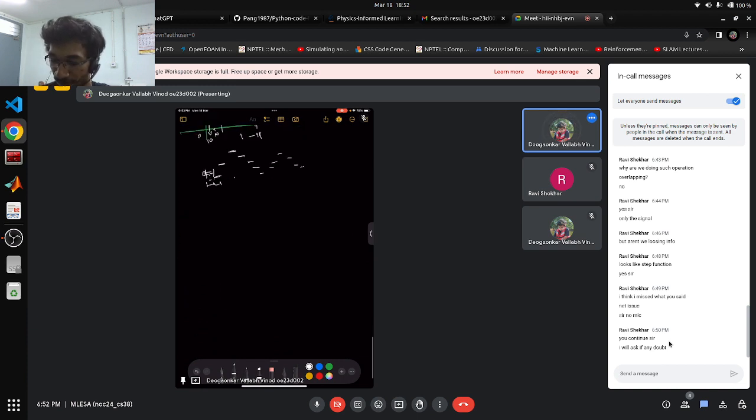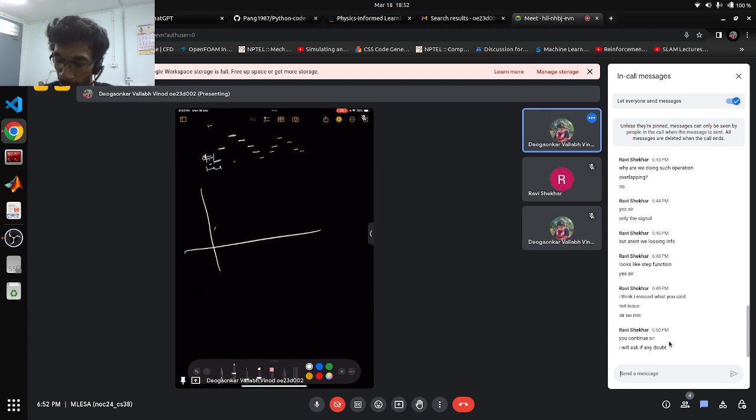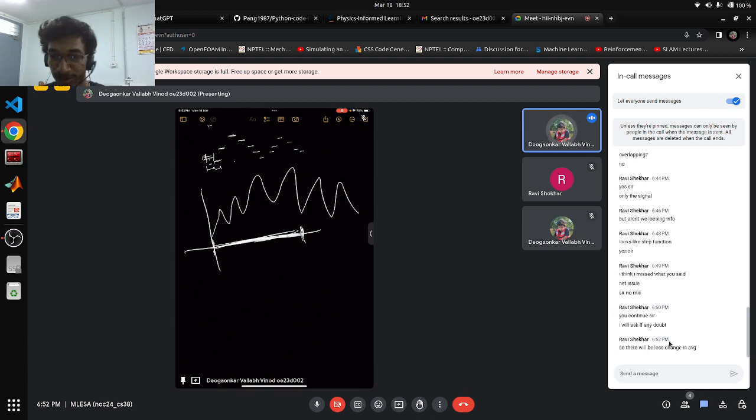So if I had to draw it, let's say the signal was something of this sort. I'm taking this much size of my window, and I'll fix my step size basically. So there will be less change in average. Yeah, that's the entire idea.